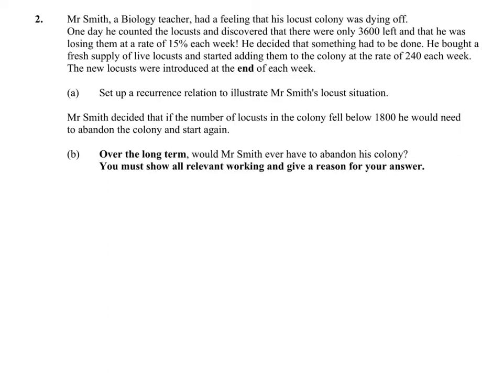So Part A, we need to set up a recurrence relation to illustrate the situation. So the general form of a recurrence relation is simply u n plus 1 equals a times u n plus b.